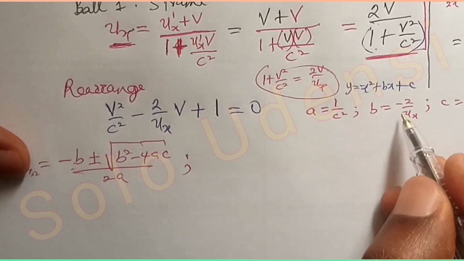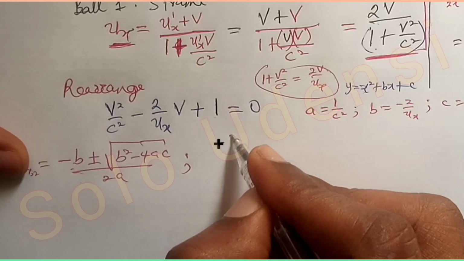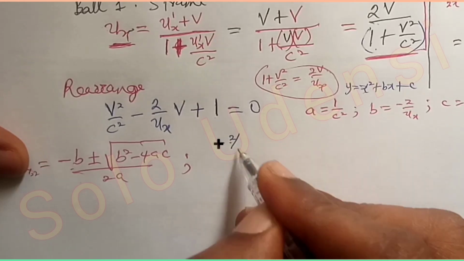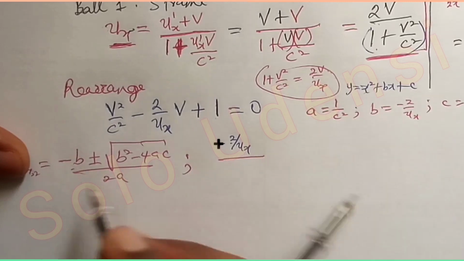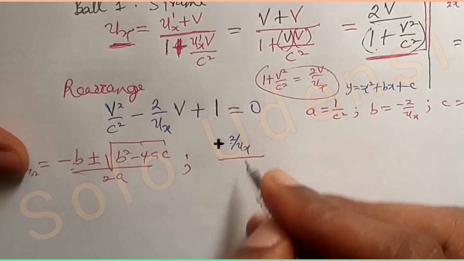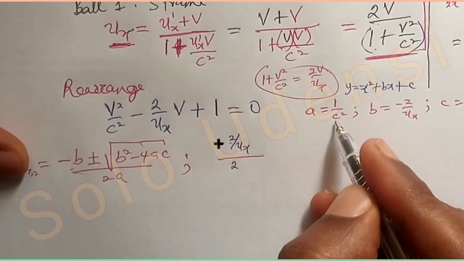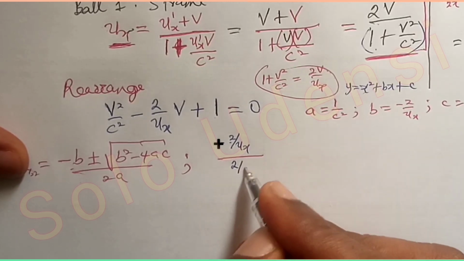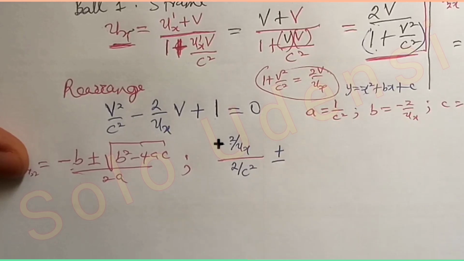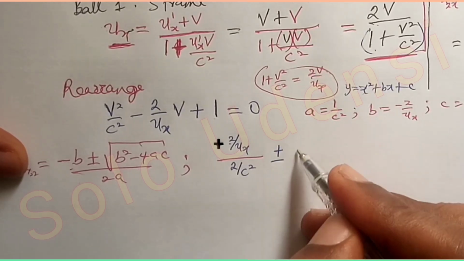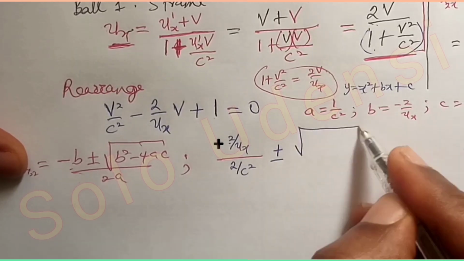Anywhere you see minus b, you put 2 over ux, all over 2a. 2a is 2 times 1 over c squared, that's 2 over c squared, plus or minus, you do the same thing in the bracket.